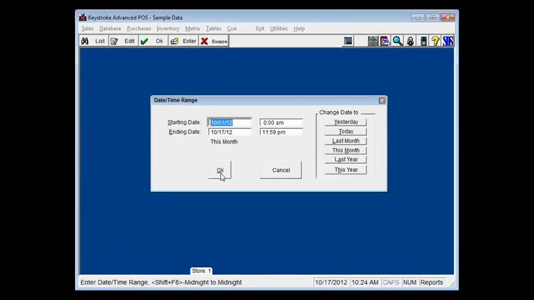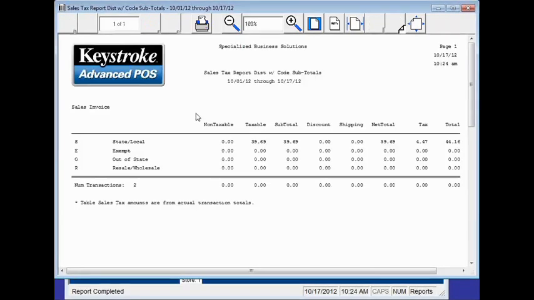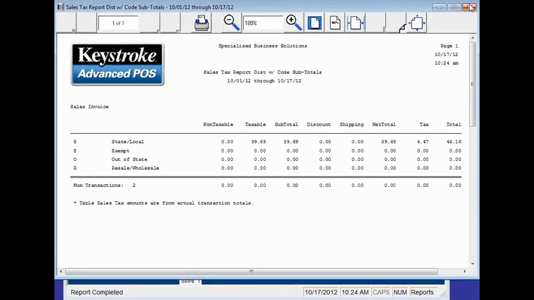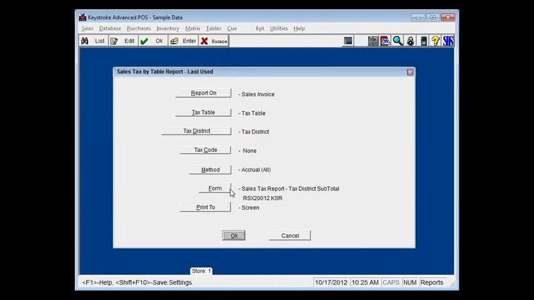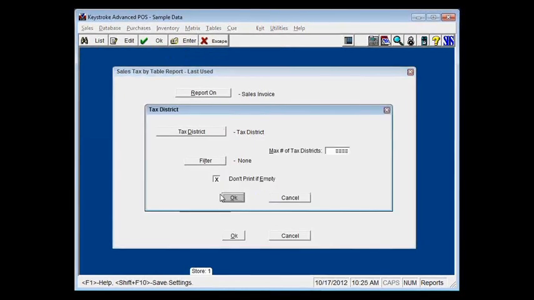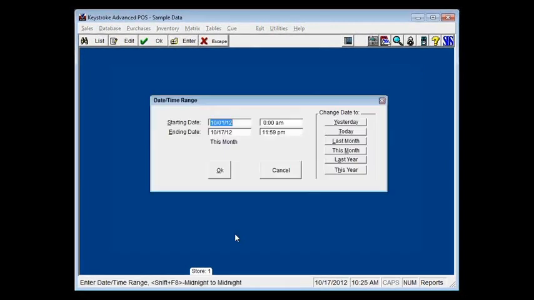Take a look at this. We're going to run it for the same date time range. Okay, this is not reporting my districts. Let me make sure I'm setting this up properly. Let's uncheck don't print if empty here.